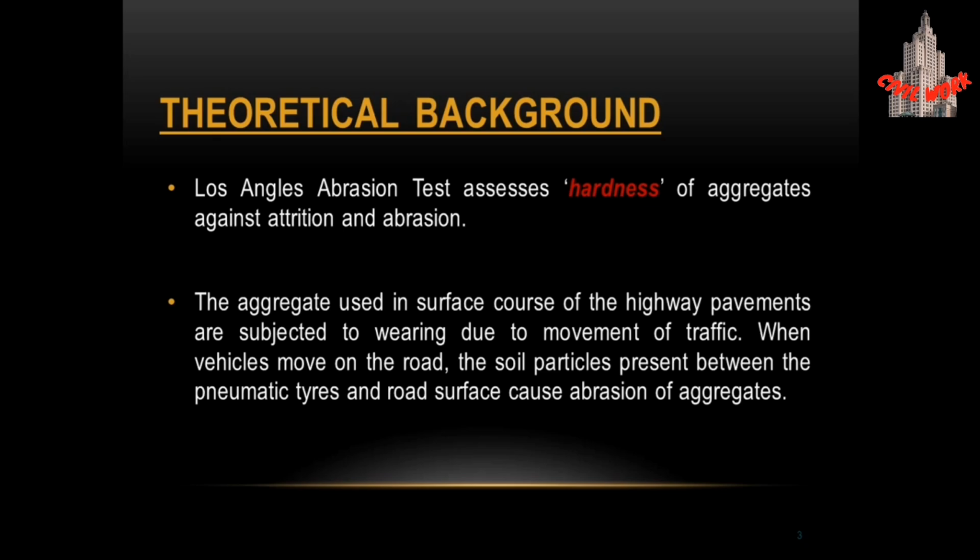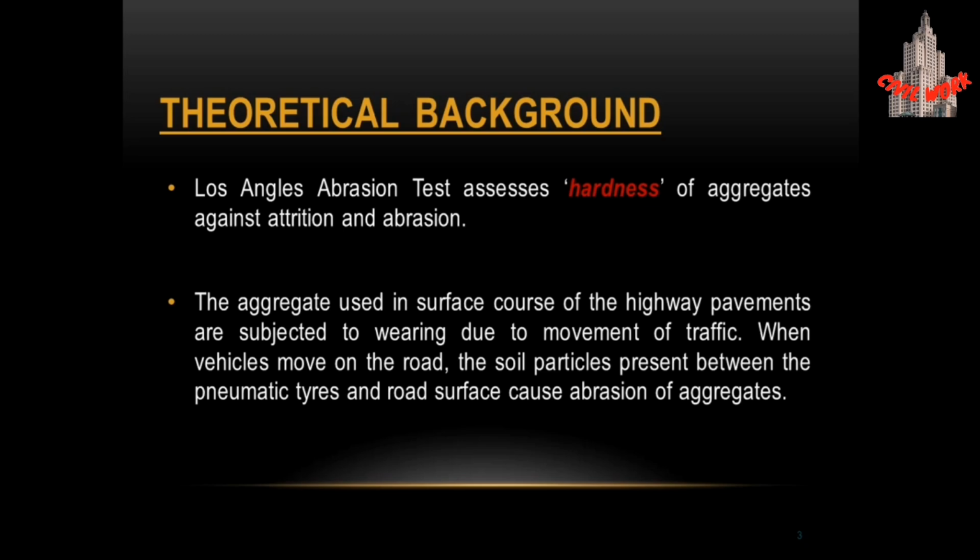Hardness of aggregate is generally classified into different categories, including the soft aggregates, the medium aggregates, the hard aggregates, and the very hard aggregate. The soft aggregate includes limestone, sandstone, and shale, whereas the medium hard aggregate includes granite, basalt, and dolomite.